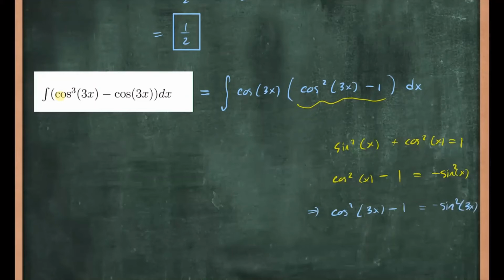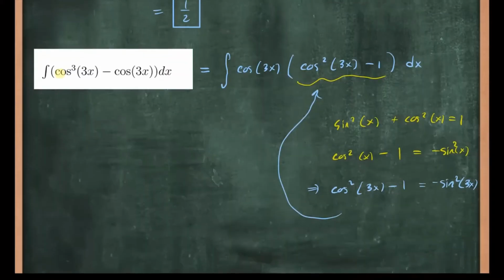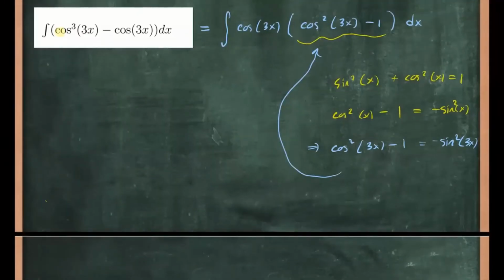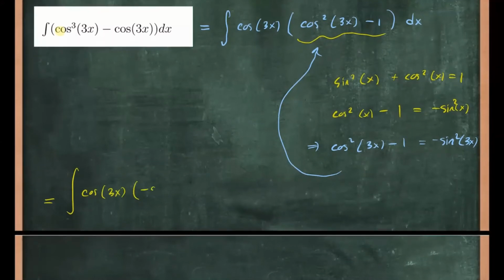So that's the same identity, as long as you rewrite the argument; both sine and cosine have the same argument. So that's what we're going to replace right up here. Cosine squared 3x minus 1 is negative sine squared 3x. So once we do that, our integral now becomes the integral of cosine of 3x times negative sine squared of 3x dx.